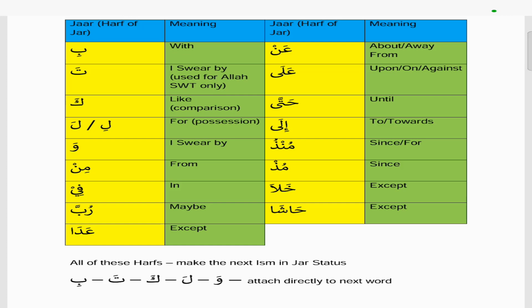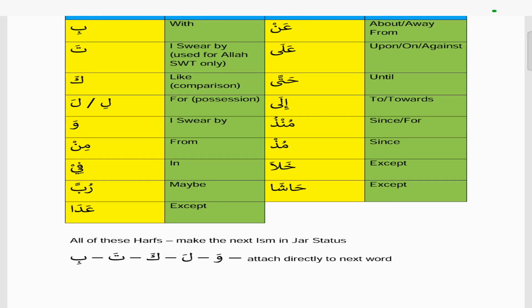You'll notice as you progress through the chapters that there are different types of the same letter. So this wa is a harf of jar, and it means I swear by. That's why you might hear Arabs saying wallahi, which means I swear by Allah. But wa can be used for other things too, like in the Quran, wa shamsi wa duhaha, I swear by the sun. And min means from, fi means in, rubba means maybe, and ada means except.